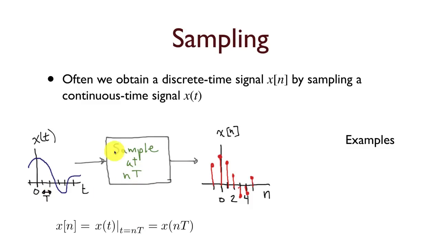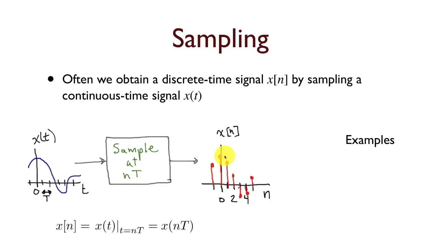So I can write that in block diagram notation here, or I can write it mathematically as saying that my discrete time signal x[n] is equal to the continuous time signal x(t) evaluated when t is equal to nT. And that gives me x(nT), we'll note the parentheses here. So n is my discrete valued independent variable, and you can see that it's defined on 0, 1, 2, 3, 4, and so on.